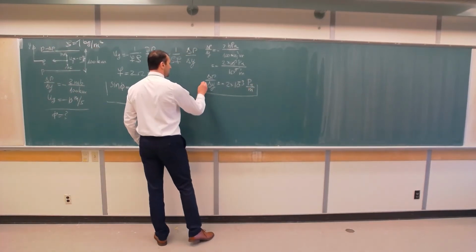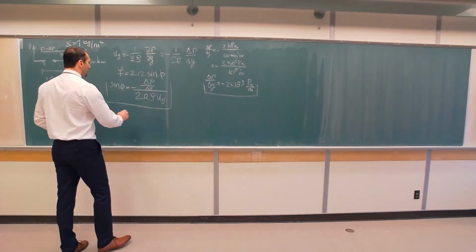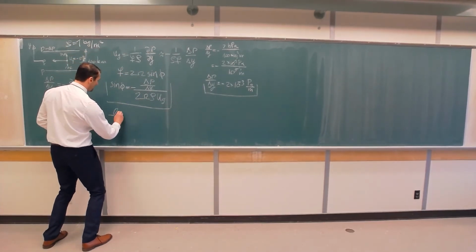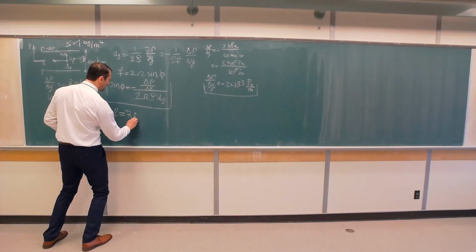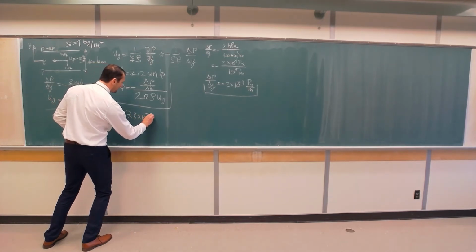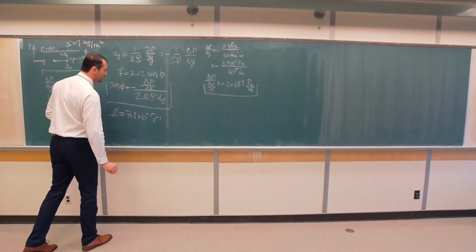Okay? So now I converted this into nice SI units, and we also need to know that omega, the angular velocity of the Earth, is 7.3 times 10 to the power negative 5 second to the minus 1.